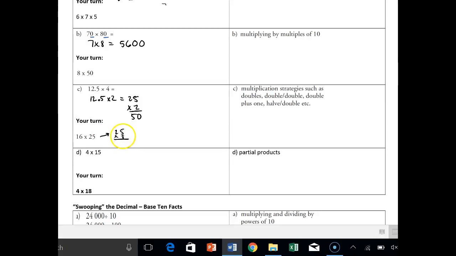Because think about quarters, right? 25 times 4 is 100. So 25 times 8 would be 200. And then therefore 25 times 16, or times 2 more, since 8 times 2 is 16, would be 400, right? So you can use benchmarks that you already know.